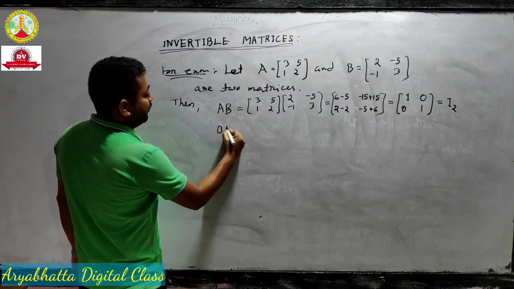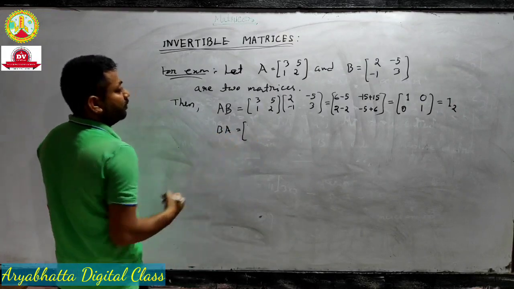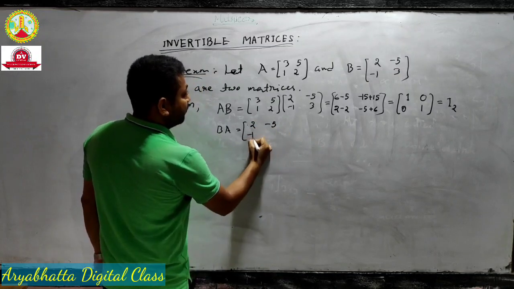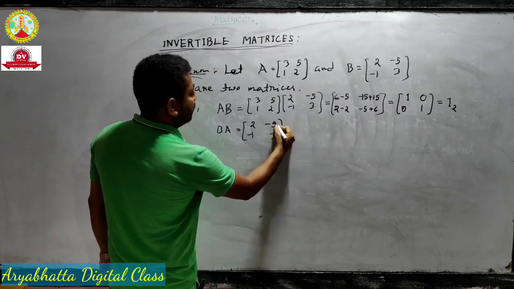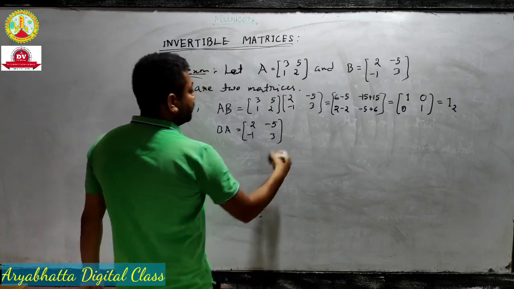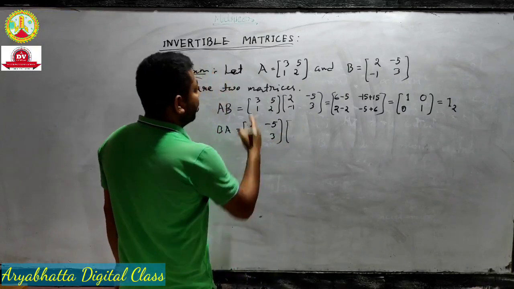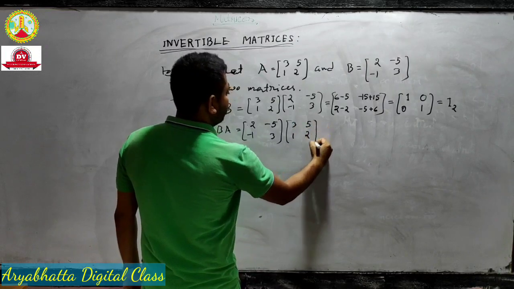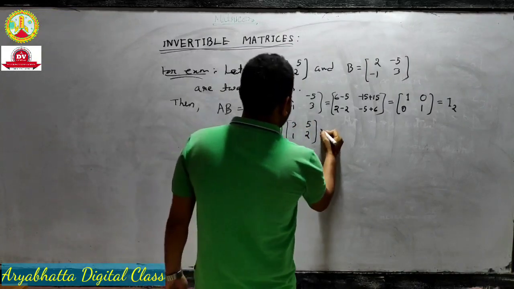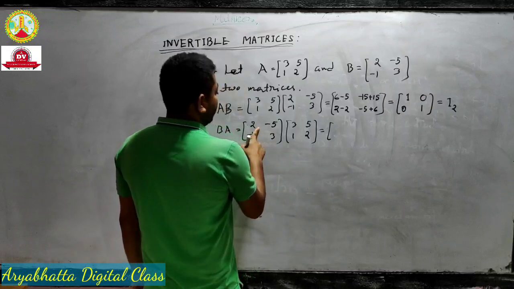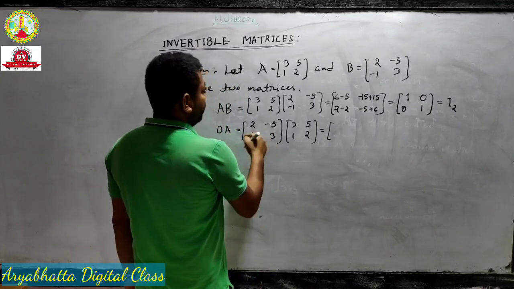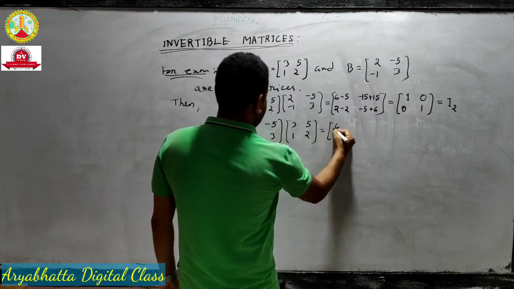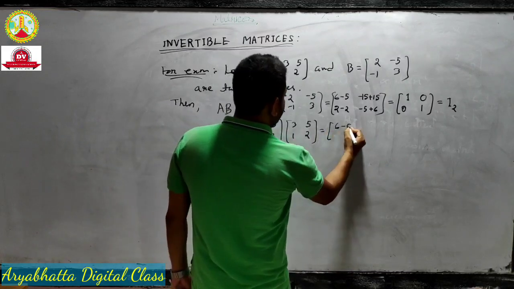Next, BA equal to [2 -5; -1 3] into A equal to [3 5; 1 2]. For the first element we multiply the first row with the first column: 2 into 3 is 6, minus 5 into 1 is minus 5.